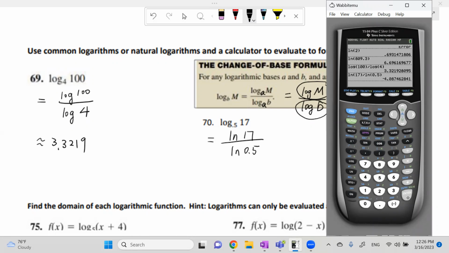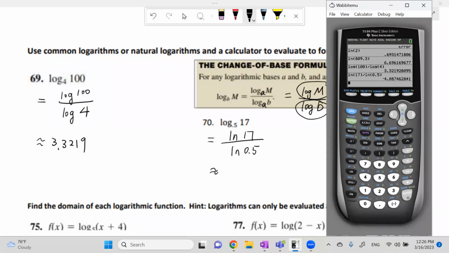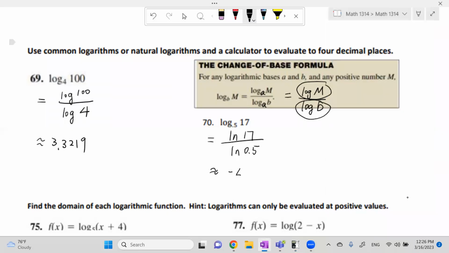Hit enter. We got a negative number. What is that negative? Negative 4.0874. After the 4, we have 6. 6 is greater than 5. So we add one unit to the 4. So we have negative 4.0875.